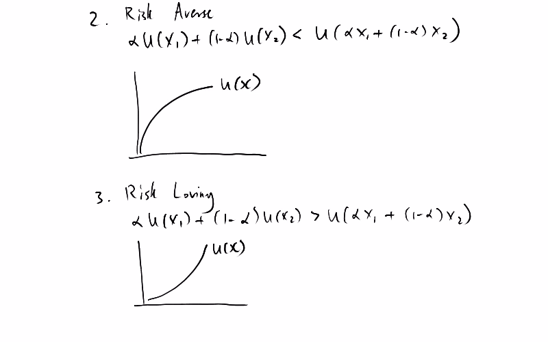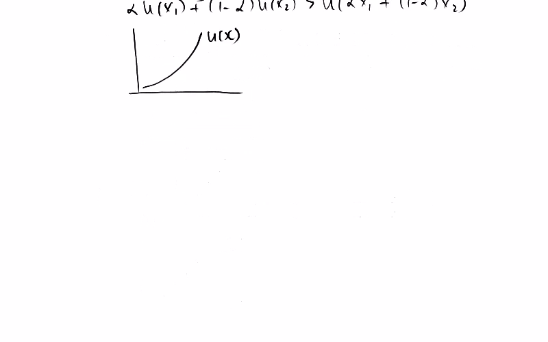Now, next, we're going to talk about how to measure risk aversion. This just serves as a very quick review. There are two main ways of measuring risk aversion. One is called the absolute rate of risk aversion, and the other is called the relative rate of risk aversion.